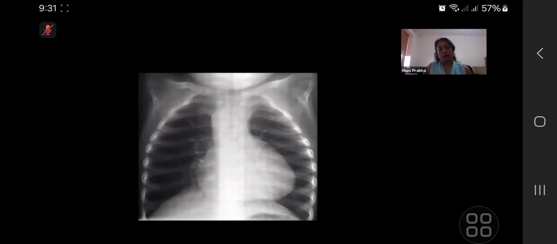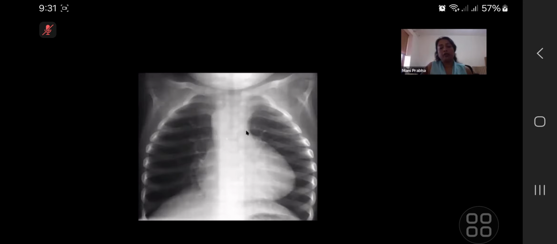Wonderful. Let me sum up the findings, and then I'll ask other questions. In this case, the apex is slightly upturned, not dipping down at all, and the cardiac size is not enlarged. The aortic knuckle is seen on the right side, so the aorta is on the right.